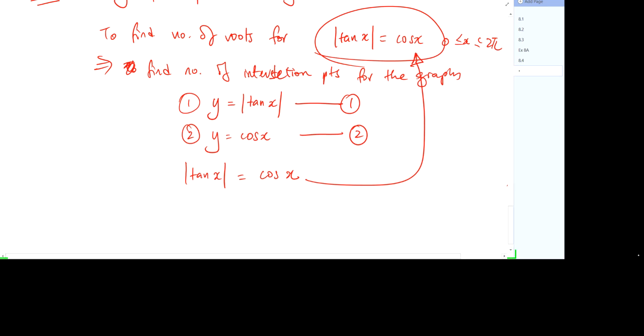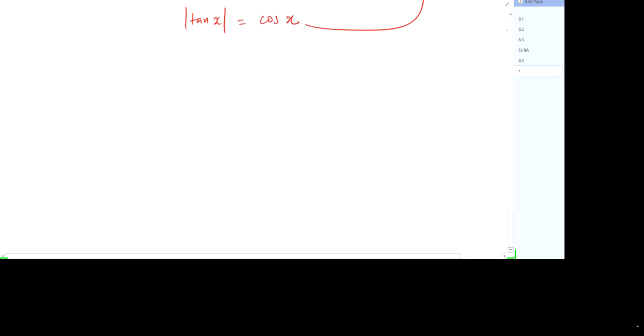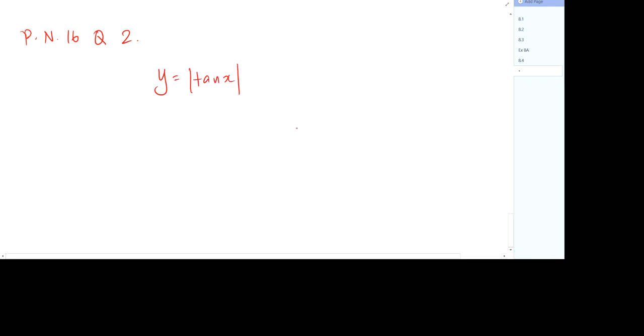What if the question is in Practice Now 16, question 2? Okay, sketch the graph of y equals modulus tangent x, assuming we already have that, as well as y equals 1 plus cosine x.